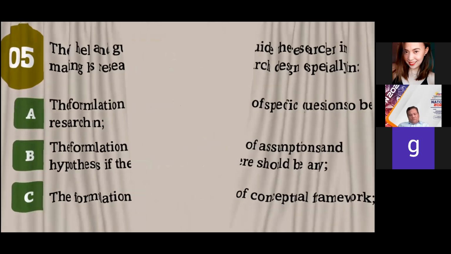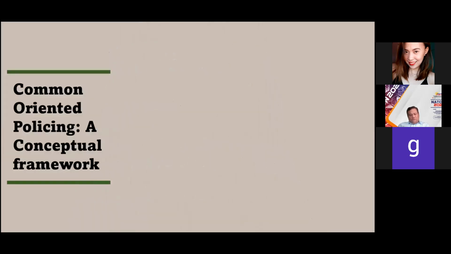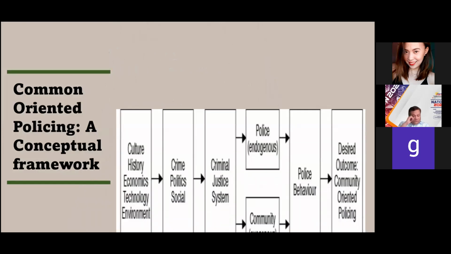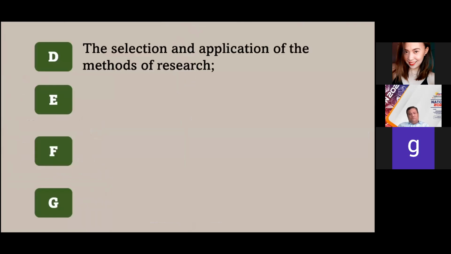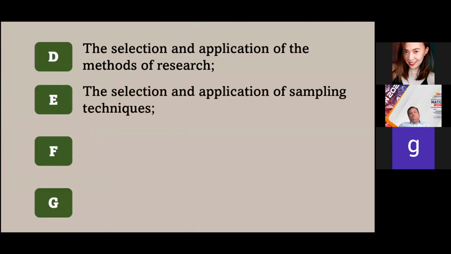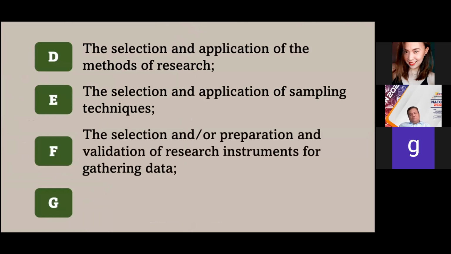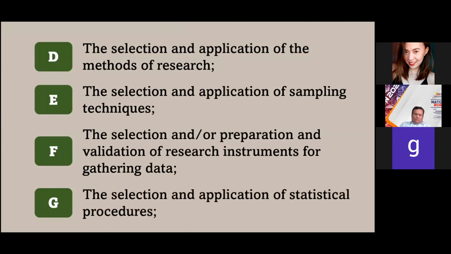We have an example of this conceptual framework: community-oriented policing, a conceptual framework. D. The selection and application of the methods of research. E. The selection and application of sampling techniques. F. The selection and or preparation and validation of research instruments for gathering data.